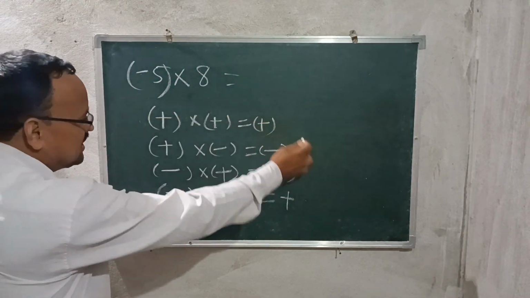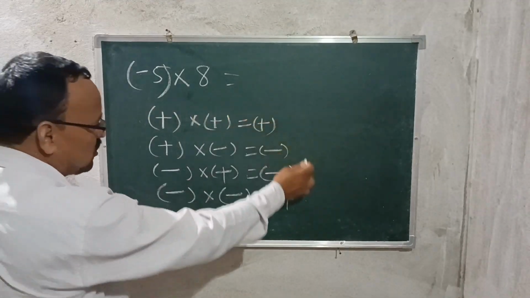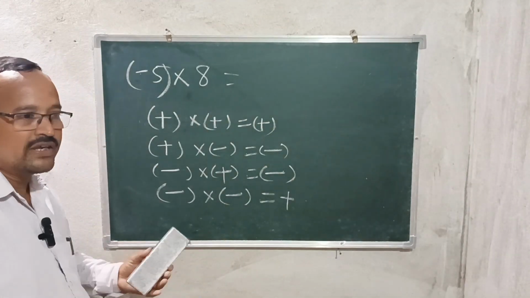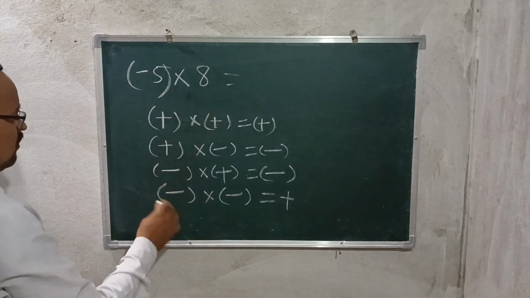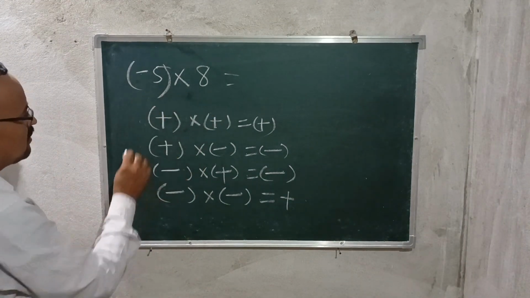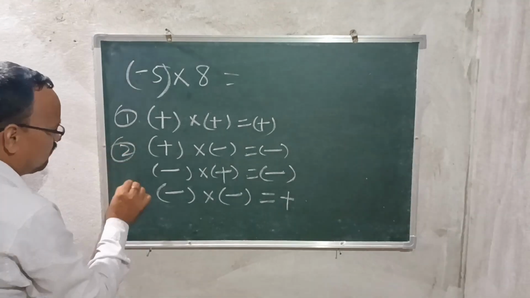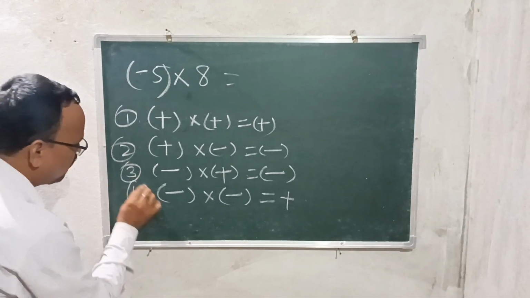By following these rules of the product of signs, we can find the product of two integers. Here, which rule will be applied?